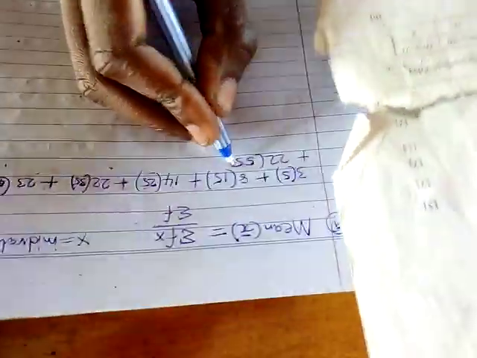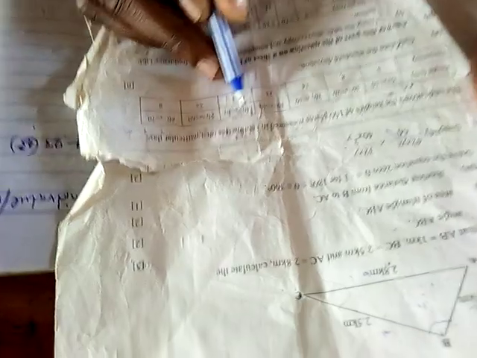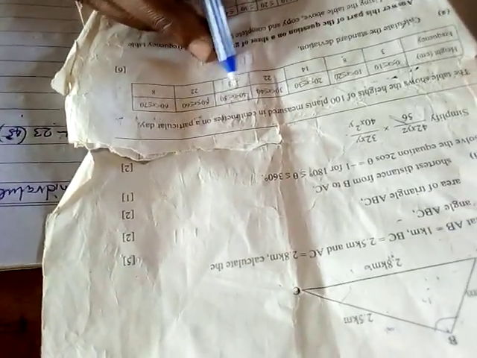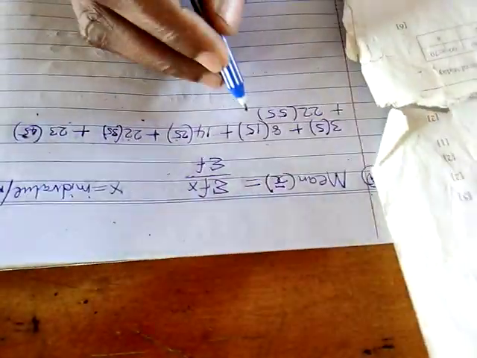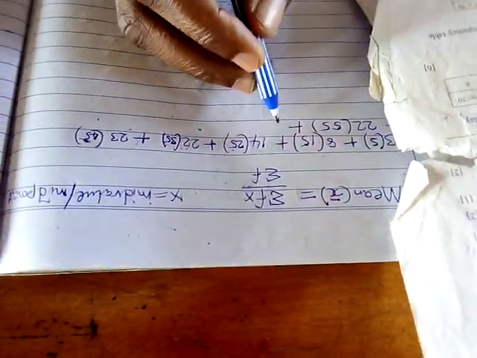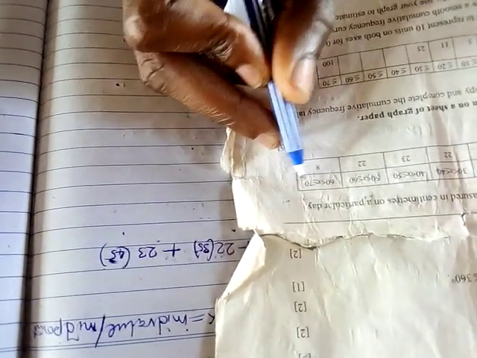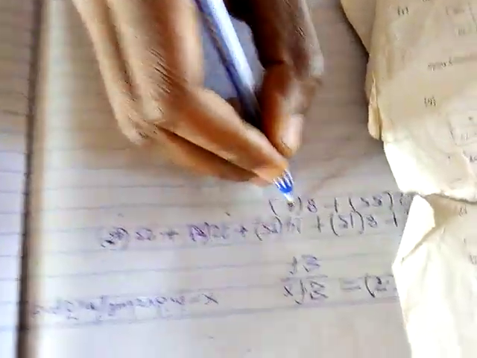So when you are finding the mid value, you add the two numbers, 40 plus 50, 90, then divide the answer by 2. Plus then 8. The mid value, 60 plus 70, 130. Then 130 divided by 2, you get 65.